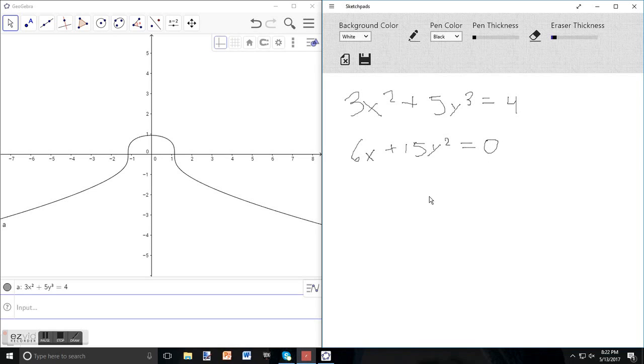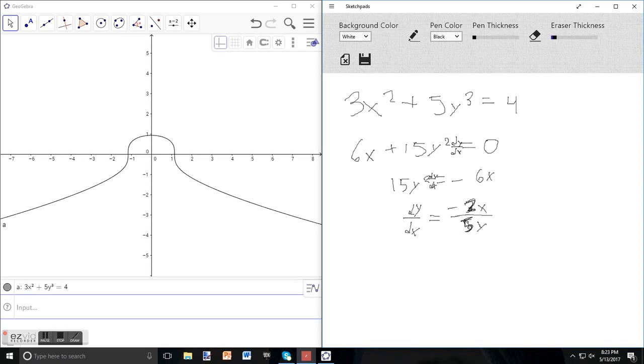We manipulate this, and my bad, so dy over dx will be equal to negative 6x over 15y squared, which simplifies to negative 2x over 5y squared.